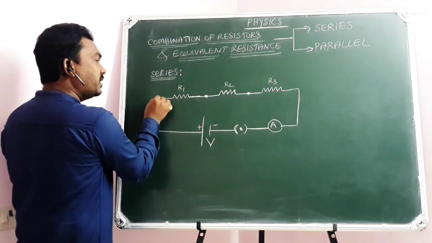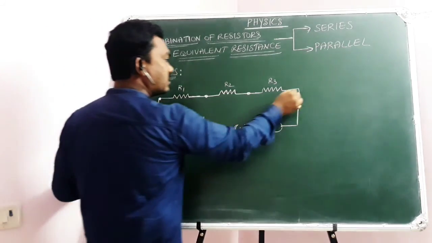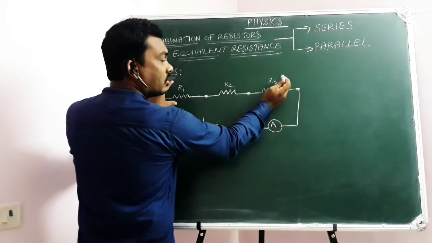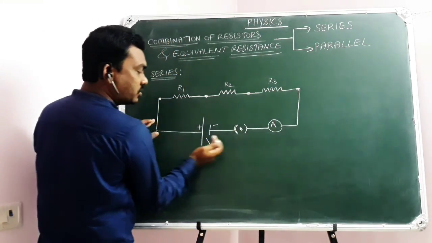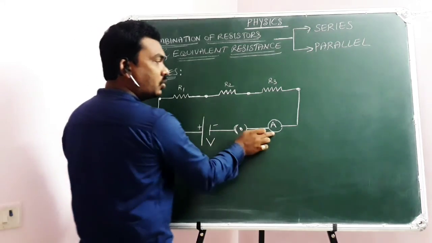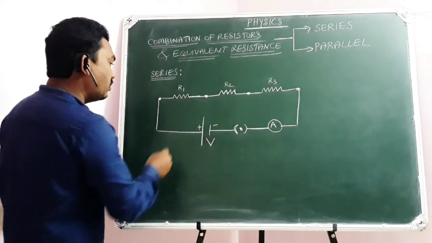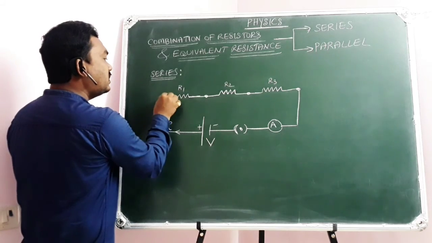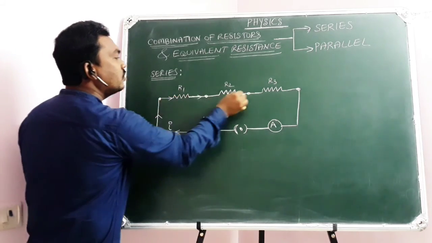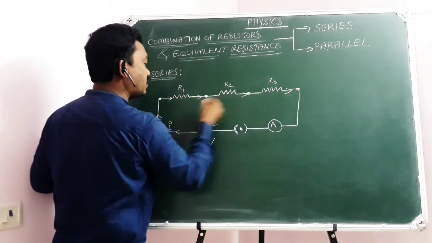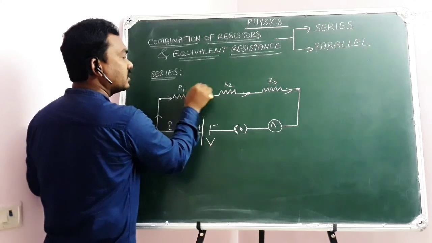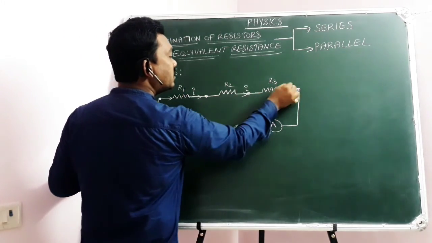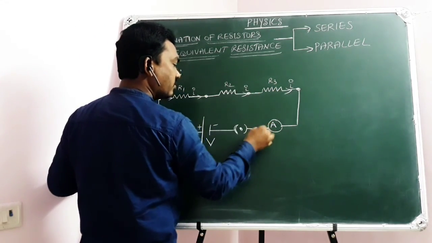The series combination of resistors is given to a cell of voltage V through an ammeter. Now, if current is drawn from the cell, the same current will travel through each and every resistor.